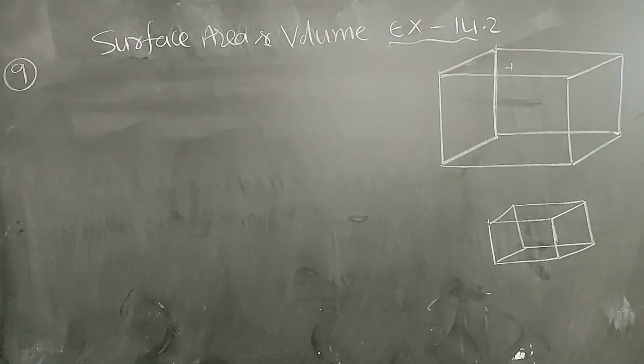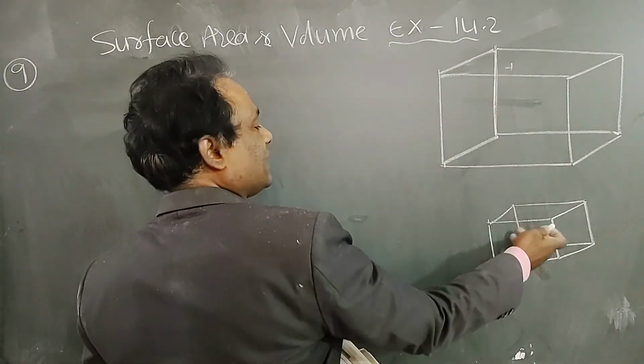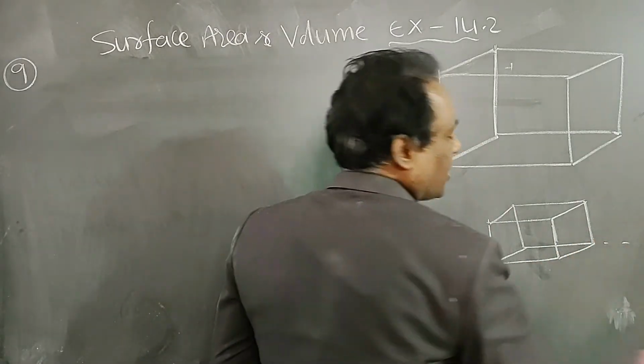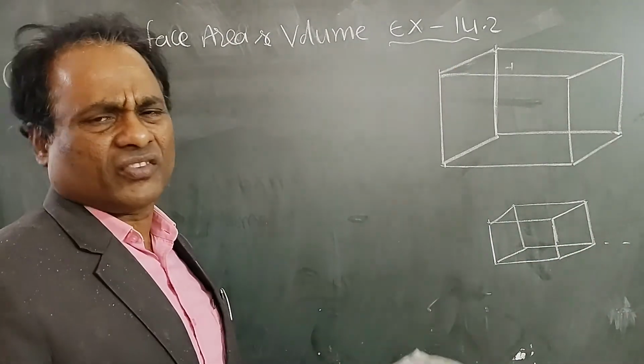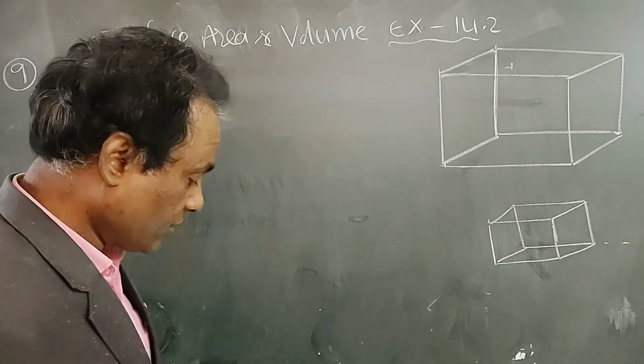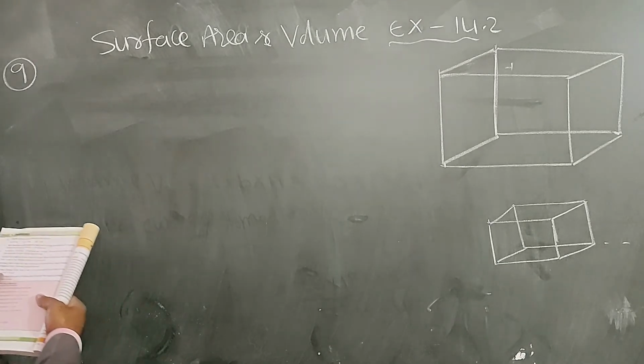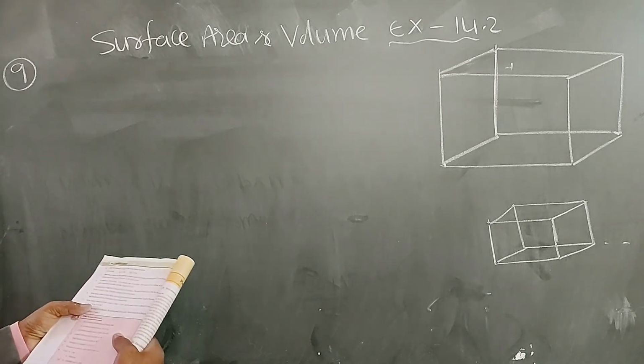Same as the previous problem, divide this volume by this volume and we get the number of small boxes formed. So how many boxes can we make?